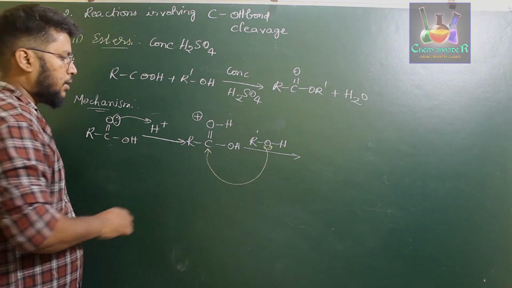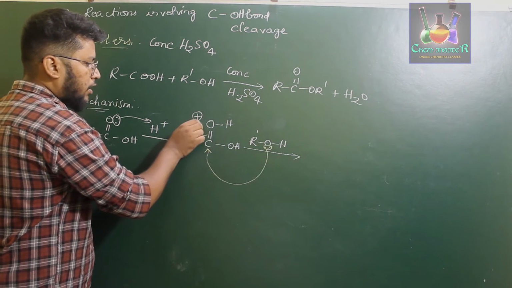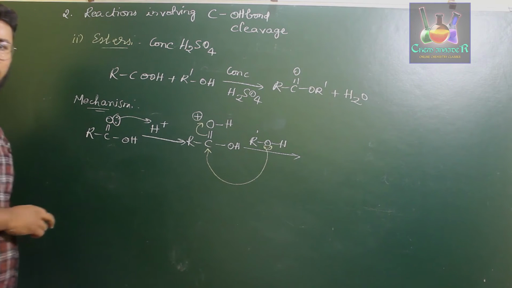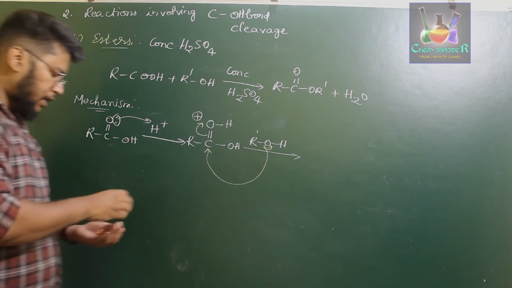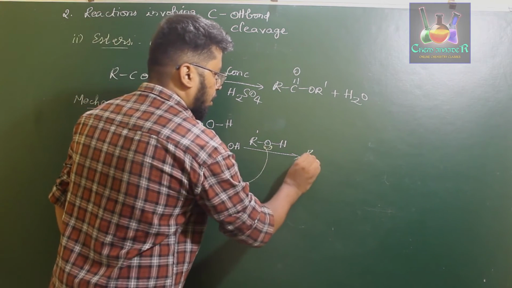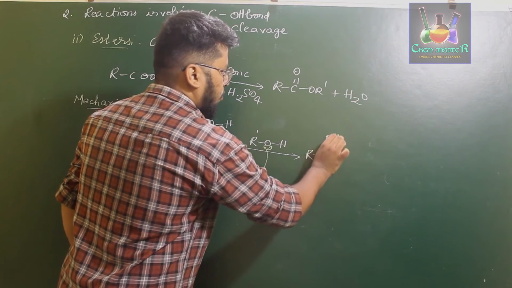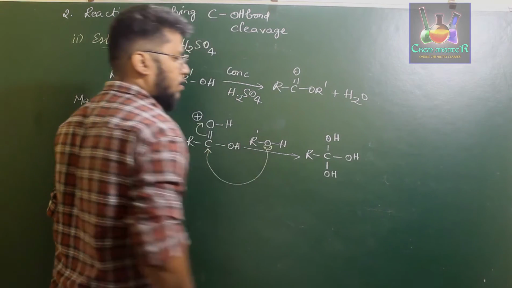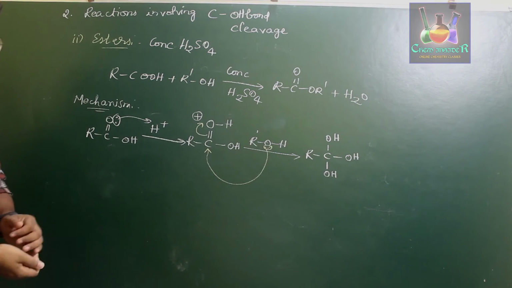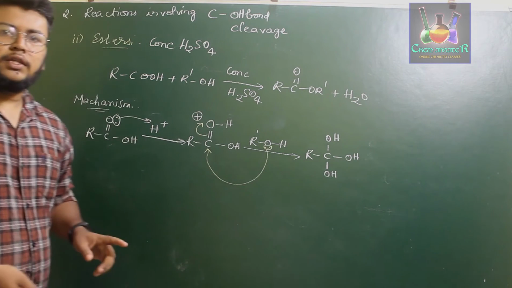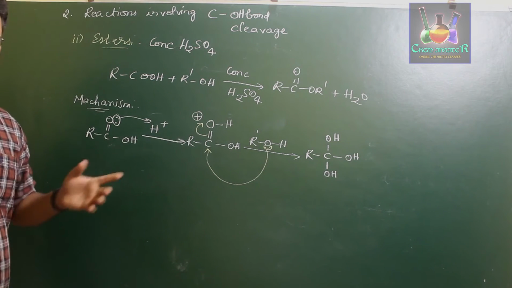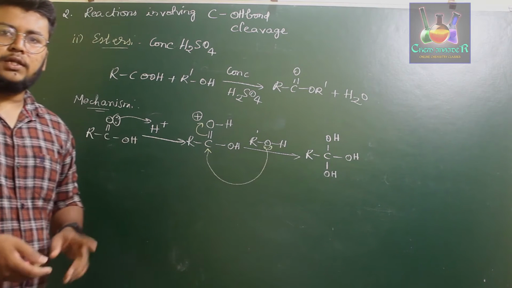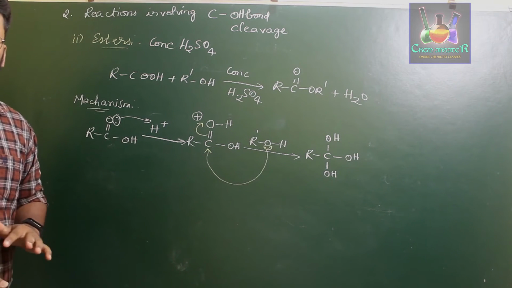Therefore, the double bond induces a negative charge on oxygen, which neutralizes the positive charge which is already present, leading to the formation of RC(OH)(OH)(OH). In this compound, which is formed over here, this is a trihydroxy alkyl group, where the carbon is undergoing sp3 hybridization forming a tetrahedral geometry.